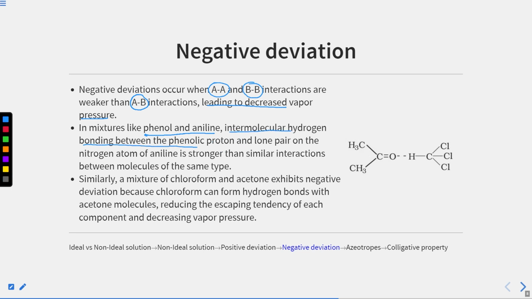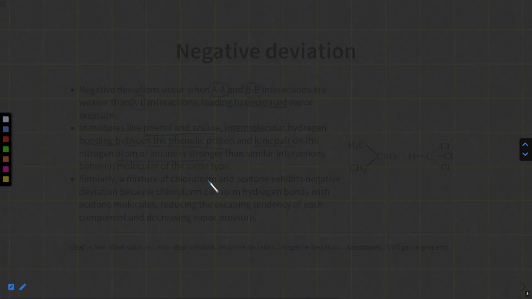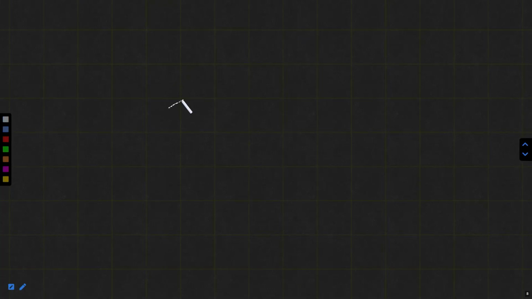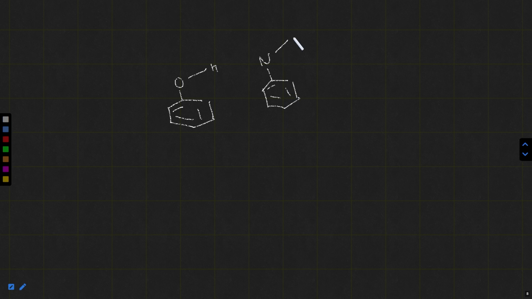If we consider the examples, we have phenol and aniline, which have intermolecular hydrogen bonding between the phenolic proton and the lone pair on the nitrogen atom of the aniline. How is it happening? Let us look at it. This is our phenol, and this is our aniline. There will be this kind of interaction.